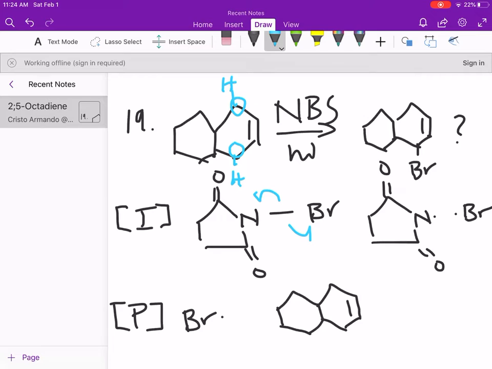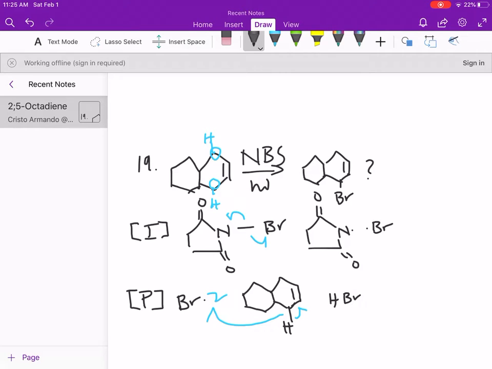For this one, let's say I pick that one right there. What's going to happen is that I have a homolytic bond cleavage. This goes right here, and this goes right here. And so we're left with the following products: HBr, and then we're also going to be left with the alkene molecule with a radical.